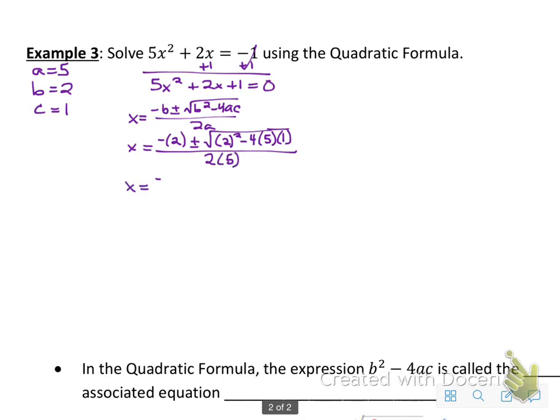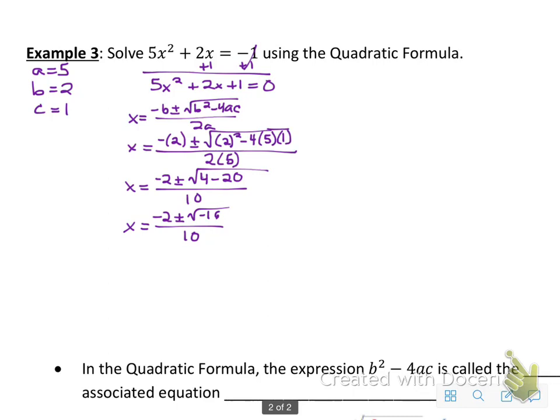So x equals negative 2 plus or minus the square root. 2 squared is 4. Negative 4 times 5 times 1 is negative 20. And 2 times 5 is 10. So we simplify what's under the radical. And we get 4 minus 20 is negative 16 over 10.